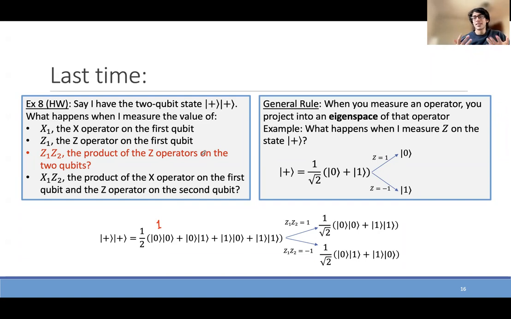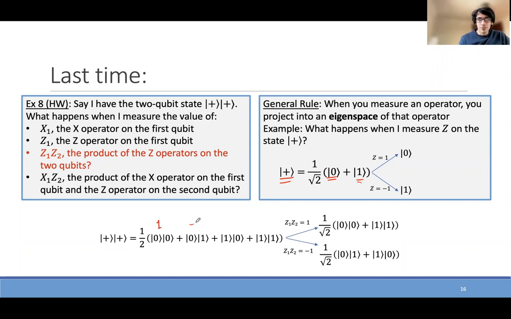And what I mean when I say it's an eigenstate is it's just a state with a definite value of Z1, Z2. So for example, plus is not an eigenstate of Z because it doesn't have a definite value of Z. On the other hand, 0 is an eigenstate of Z because it has a definite value of Z, and 1 is an eigenstate of Z because it has a definite value of Z. So this is an eigenstate because it has a value of 1 for Z1, Z2.